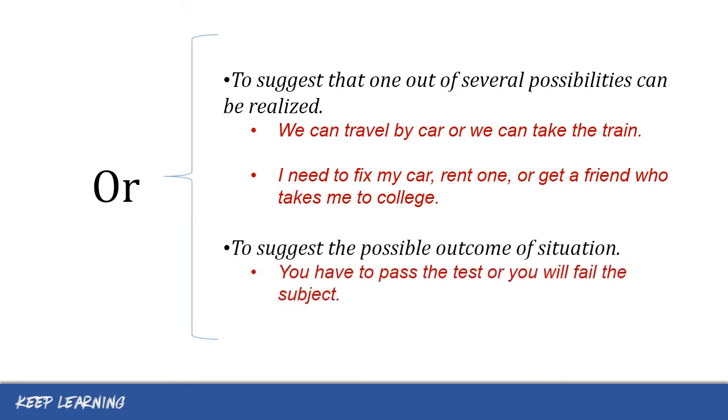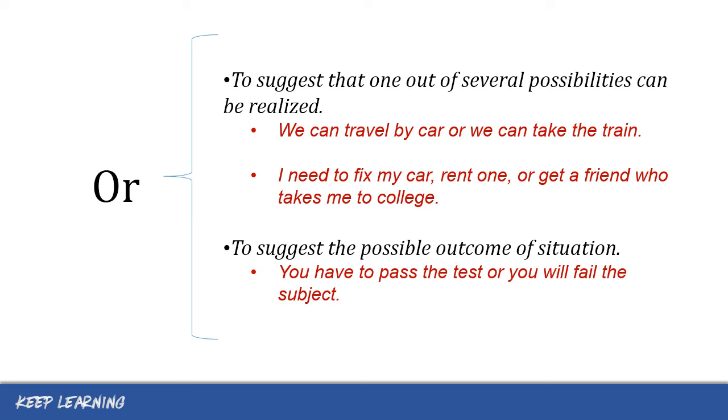But also, it can help you to suggest the possible outcome of a situation. And normally, this outcome is negative because we use it to express negative consequences. For example, you have to pass the test or you will fail the subject. As you can see, failing the subject is something that you don't want. So in that case, if you don't want to fail the subject, you better pass the test.